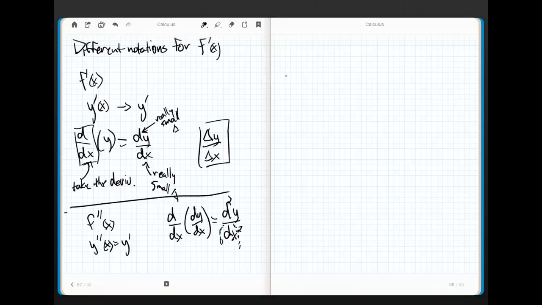Now, the thing that I want to really emphasize about higher order derivatives, second derivatives, third derivatives, etc., is that, think about it this way.